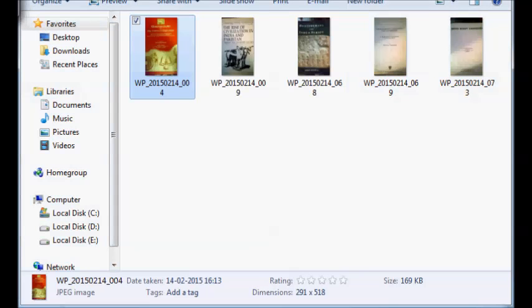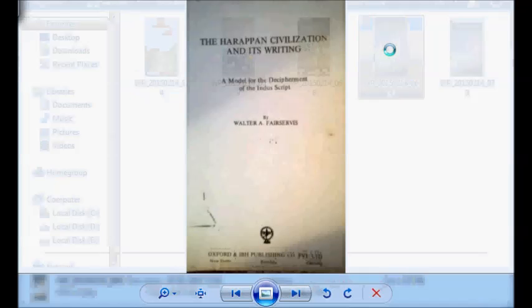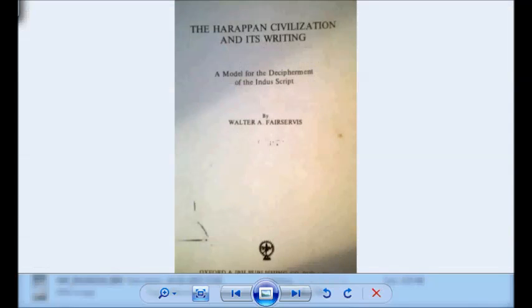Probably the second book you need is this one by Walter Fairservice. In fact, this is the book that got me into this Indus Valley decipherment, and Walter Fairservice is a very senior archaeologist, and he has guessed many of the seals correctly, although he didn't realize that the whole thing is Tamil.